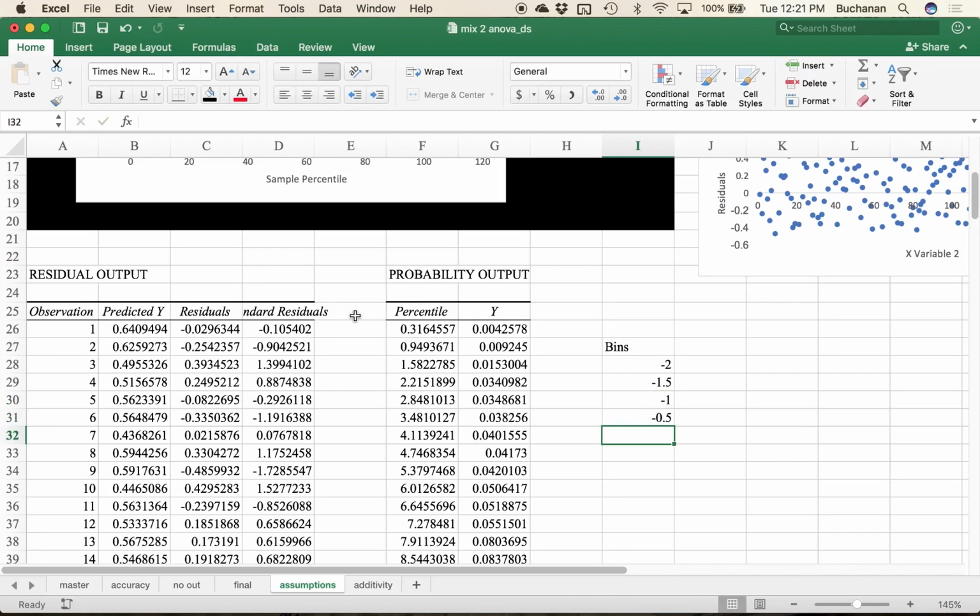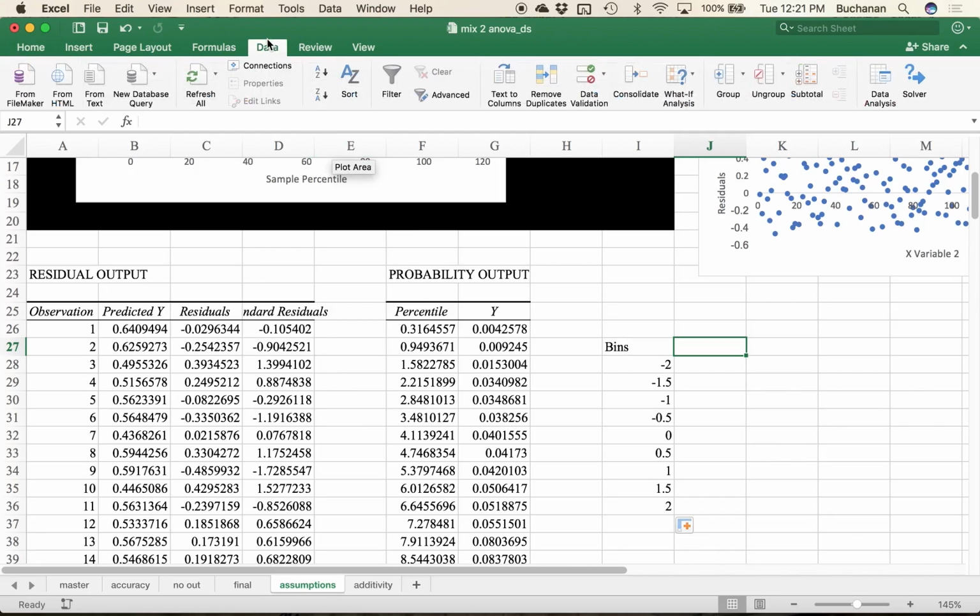So I'm doing -2, -1.5, -1, so I'm counting down by halves. You can also highlight all of these after you get a couple of them in there, and Excel will recognize the pattern you're using. So I'm dragging and dropping here so that I get from -2 to 2, because that's generally where the data is going to be. And that just allows us to create a bin range that will force the x-axis to look like something we're interested in.